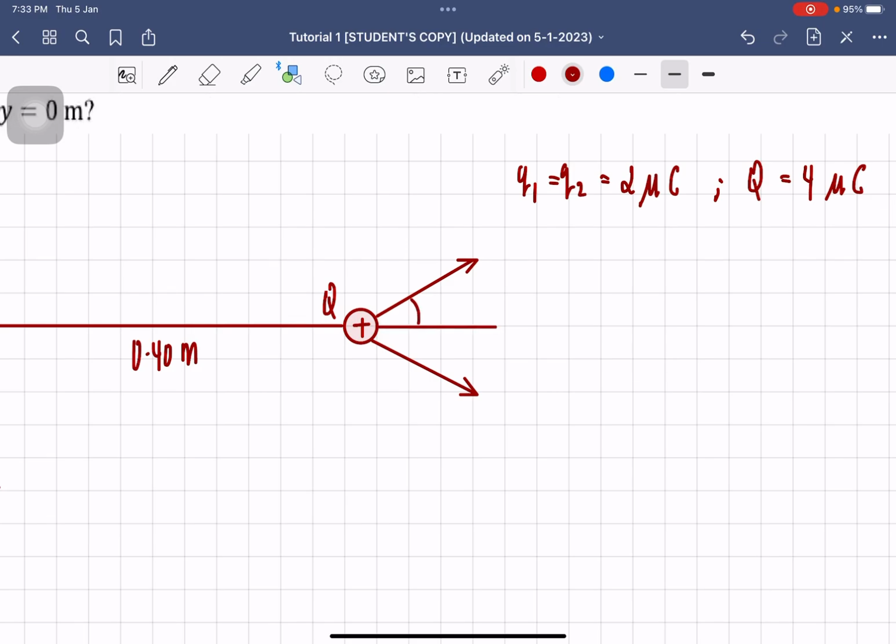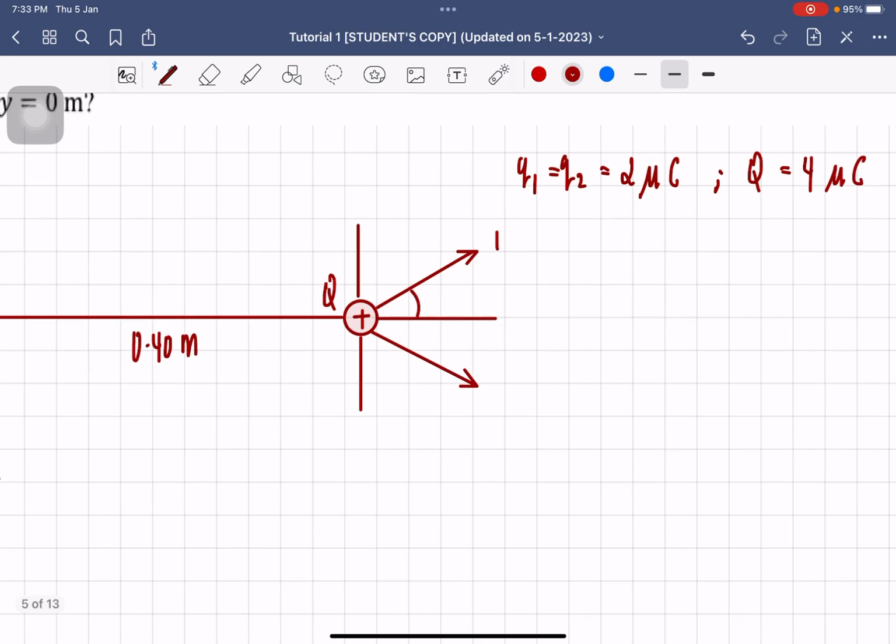So there's going to be an angle here as well as an axis here. That is just the y-axis. And this is the force on Q by charge 2. This is the force on Q by charge 1. So this is your theta.